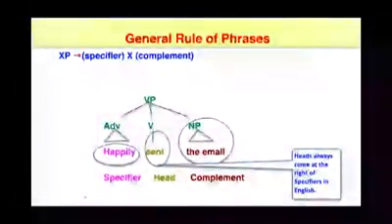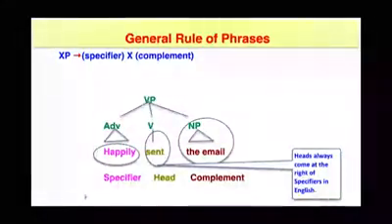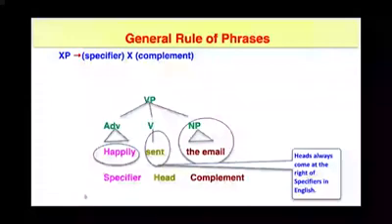Now let's move on to a general rule of phrases. As you can see, we have an XP. Here X stands for any type of phrase. Any type of phrase you take, all phrases are constituted of a specifier and a complement. Let's take the example of a verb phrase.